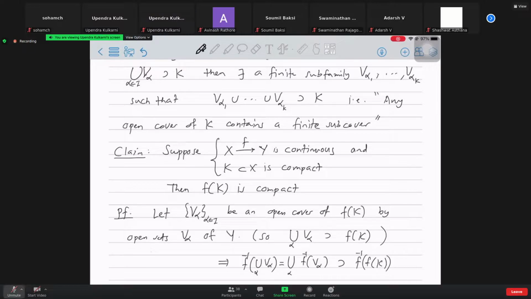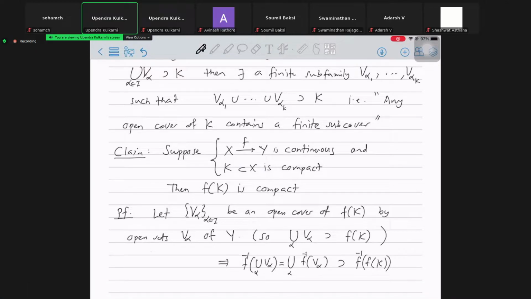Not necessarily, but it's a superset. So f of K is all the images of points in K, and then I'm taking all the inverse images. So I could be catching other things, things other than K. For example, if f is the constant function, then what is f inverse of f of K?